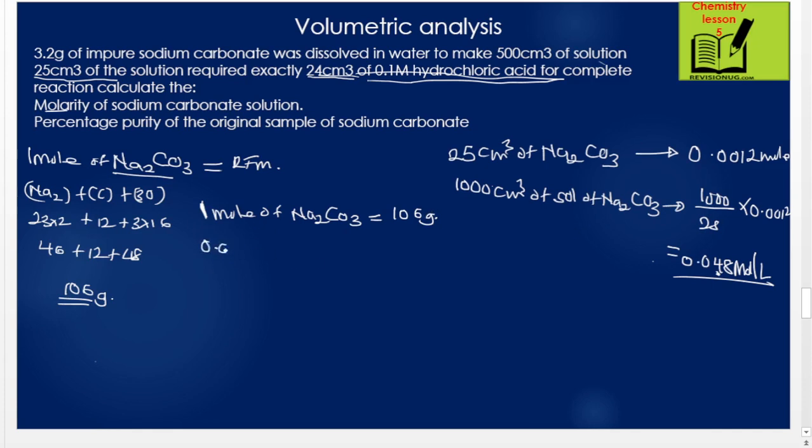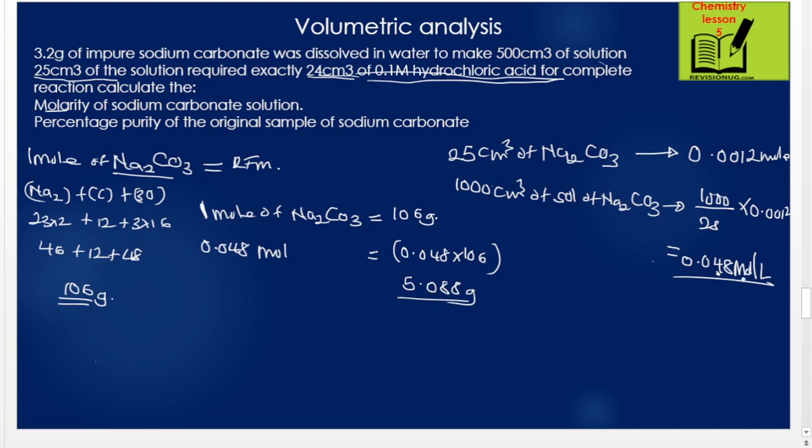This is 0.048 moles here, which is going to give us 0.048 times 160 grams. So we multiply by 160. Then what are we getting? So we are getting 5.088 grams here.